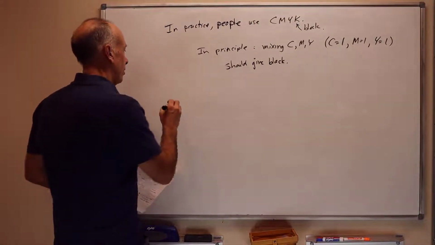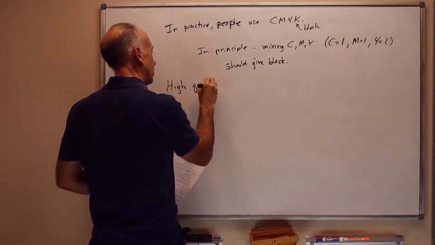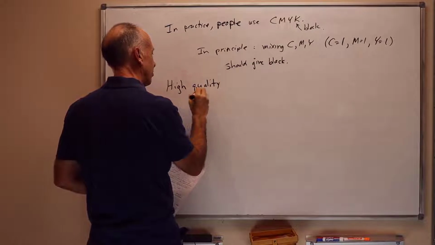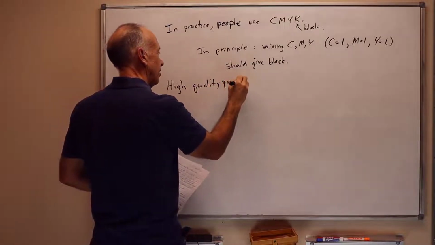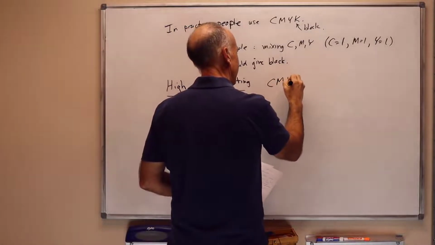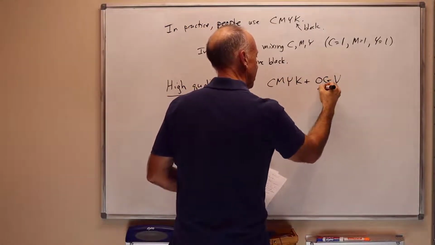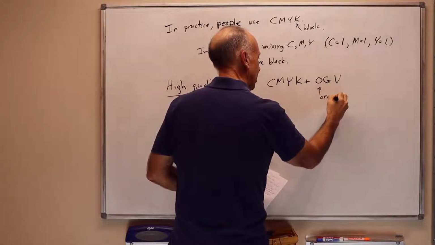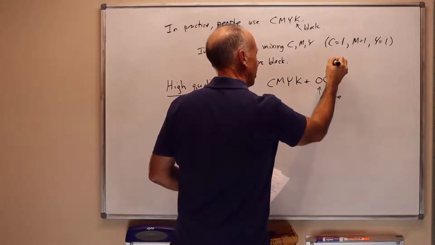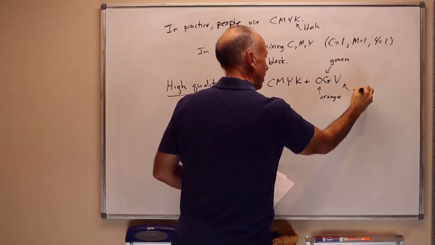And for high quality printing, if you go to a professional printer, for instance, or glossy magazine printers or something like that, they actually use more colors than this. They use 7 colors. There's C, M, Y, K, plus OGV. There's 3 more types of ink, which are O for orange, G for green, and V for violet.